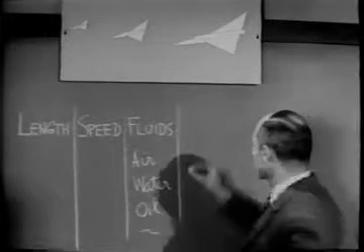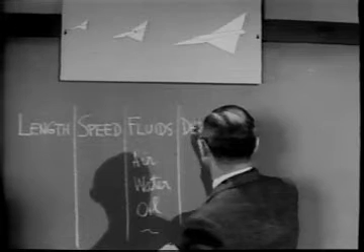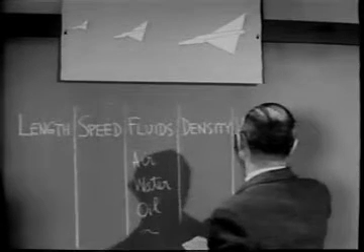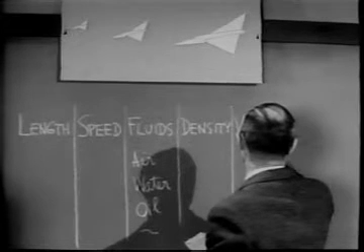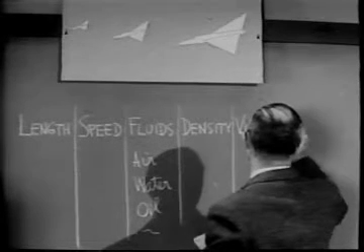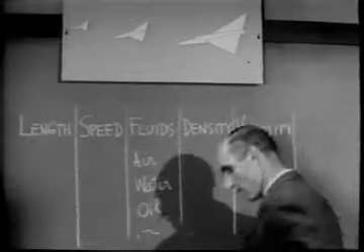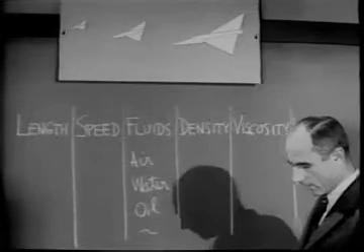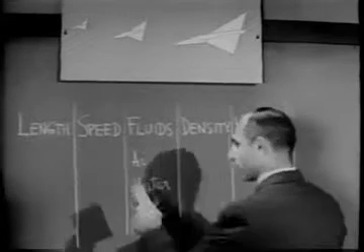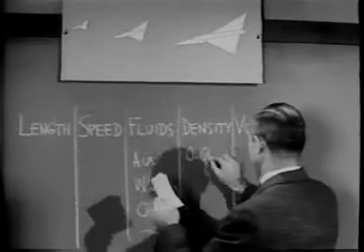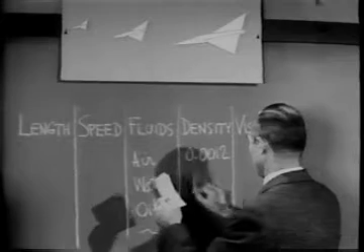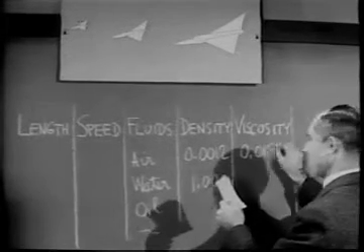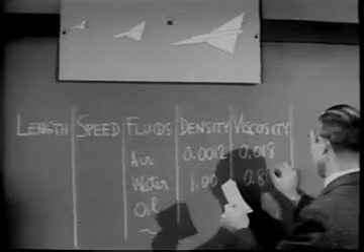Here are the values of these two properties for air and water at the temperature in this laboratory. In the different experiments, the magnitudes of length and speed may vary over an enormous range, just as the density and the viscosity do.